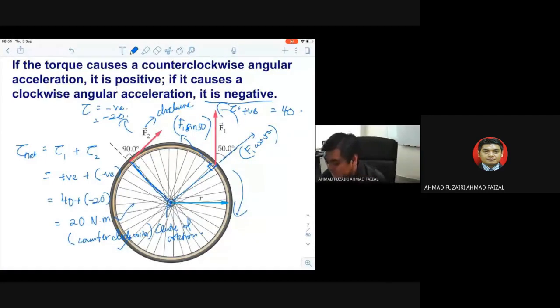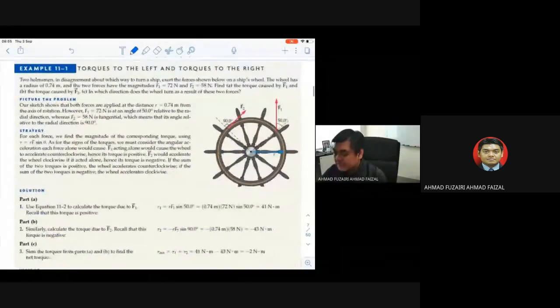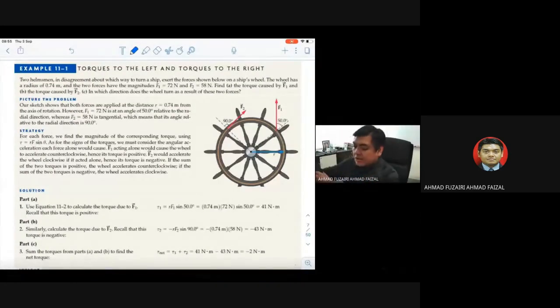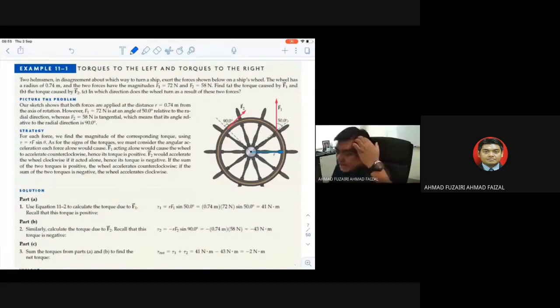Okay. So let's look at these examples. Okay, very good example. Two helmsmen in a disagreement about which way to turn a ship. Okay, ini kalau kamu tengok, this one is the steering lah, macam steering untuk kapal.